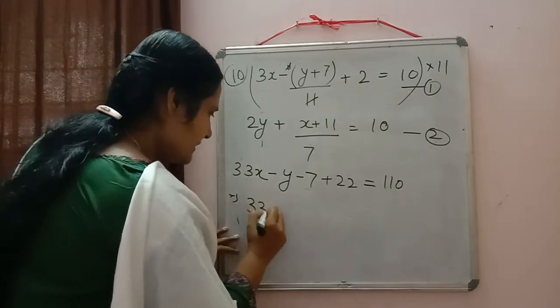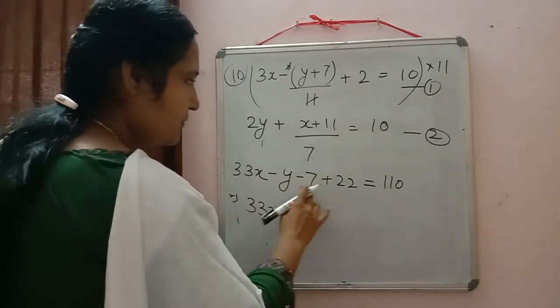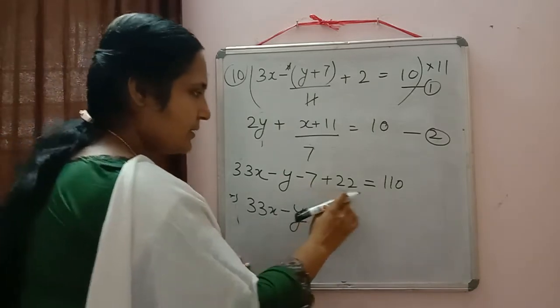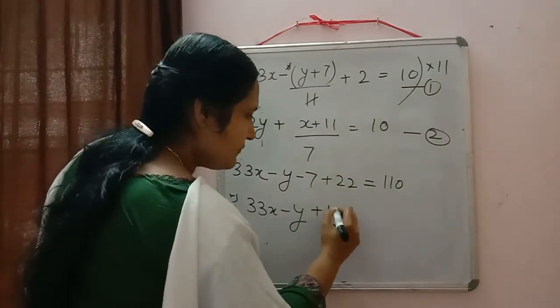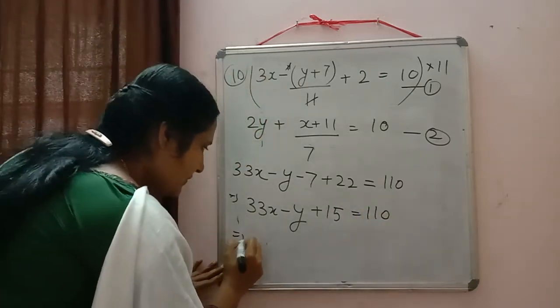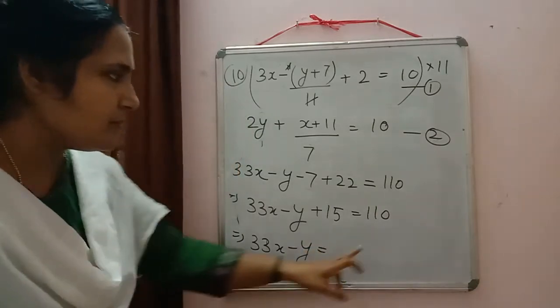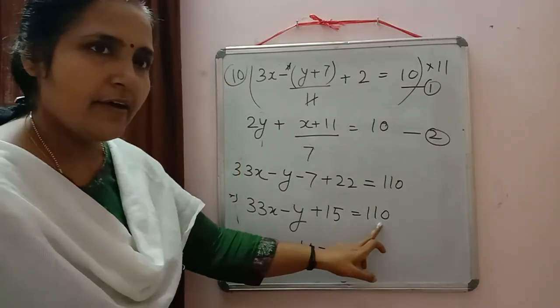So we are getting 33x minus y, 22 minus 7. So that will be equal to plus 15 is equal to 110. So we will get 33x minus y is equal to 110 minus 15.